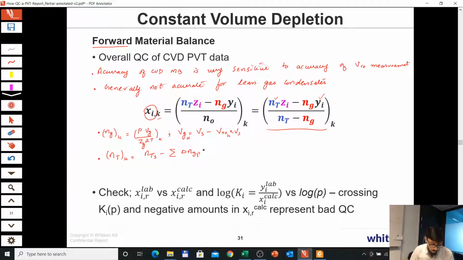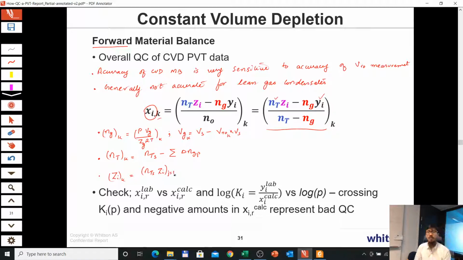Okay, and then we also have ZI. So ZI is the total composition in the PVT cell at any given pressure. It is equal to the total moles present initially for the given component. So that is NTS times the ZI at J equals to 1.